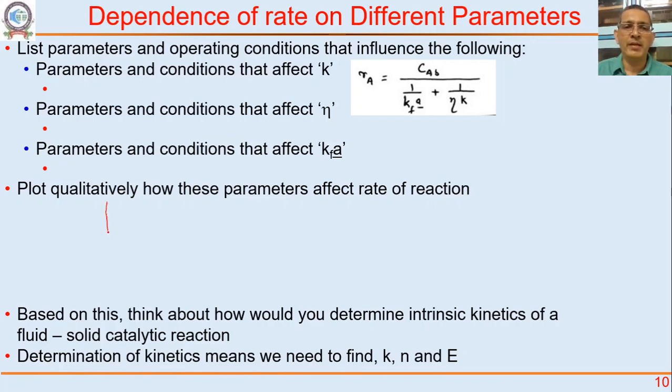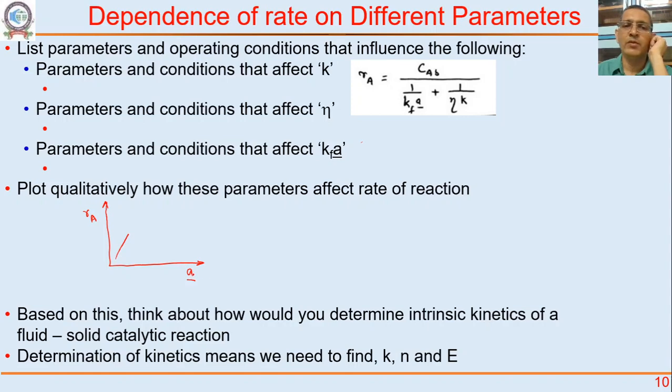So if I say external surface area, if the external surface area is very small, what would happen? Kf would be very small. If Kfa is very small, what would that mean? External mass transfer is limiting. Then Ra will increase with A bar.